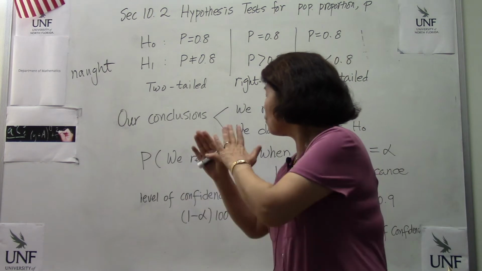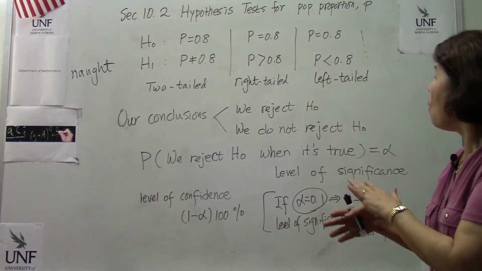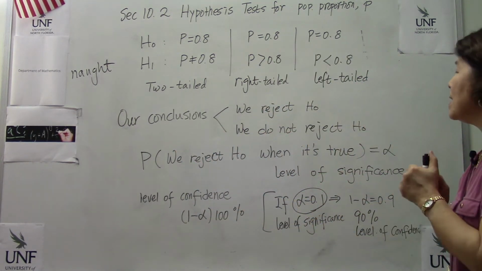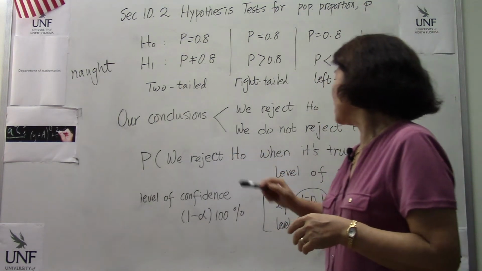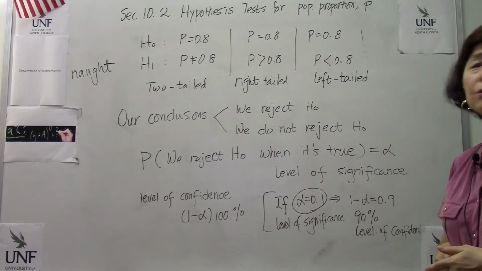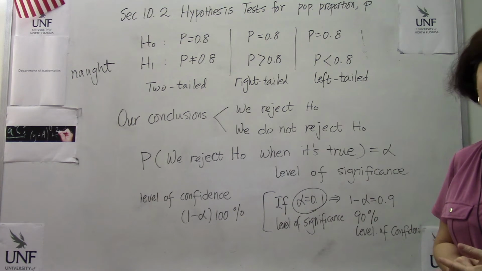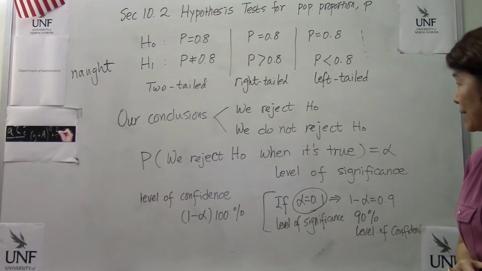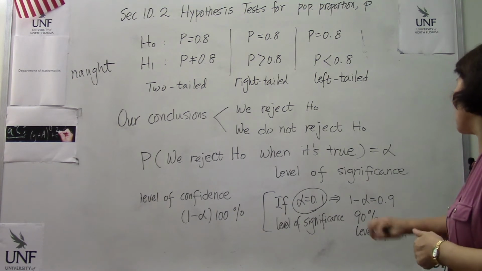Among all possible cases, one is that we reject H naught when it is still true. When it's true, we reject it. That probability is called alpha.